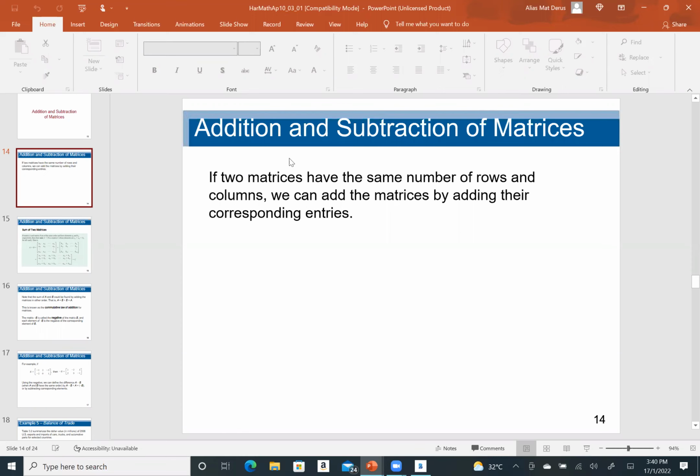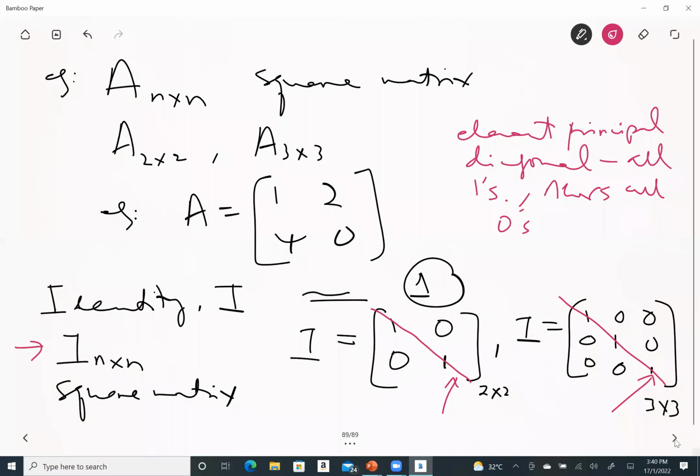First, you have m by n. We can add to another m by n, then the sum will be the same size. So you have to have the same size. If you see different sizes, then you cannot add. So that is our first criteria.